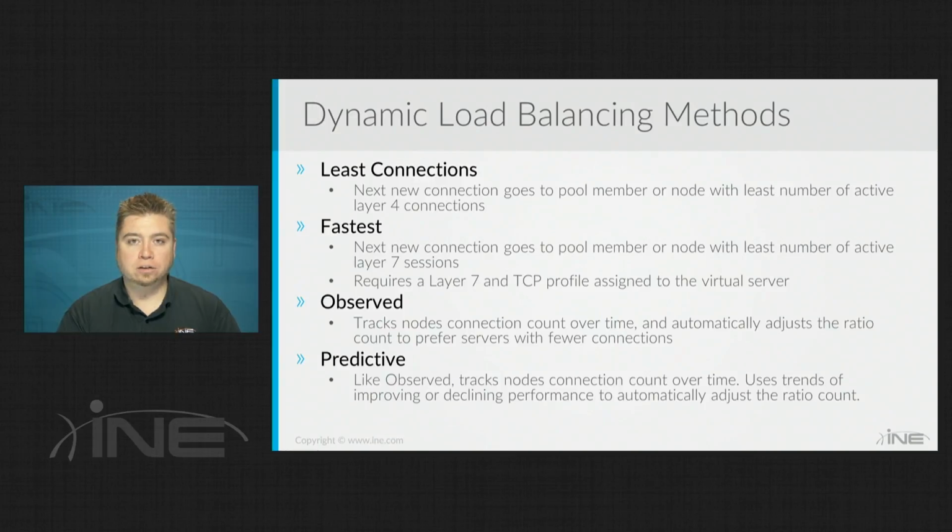So it doesn't directly talk to the server in terms of polling the amount of memory, the amount of CPU, the physical resources, but it is going to look at its own statistics, the LTM's own statistics over time, and then try to make a better informed decision based on that.